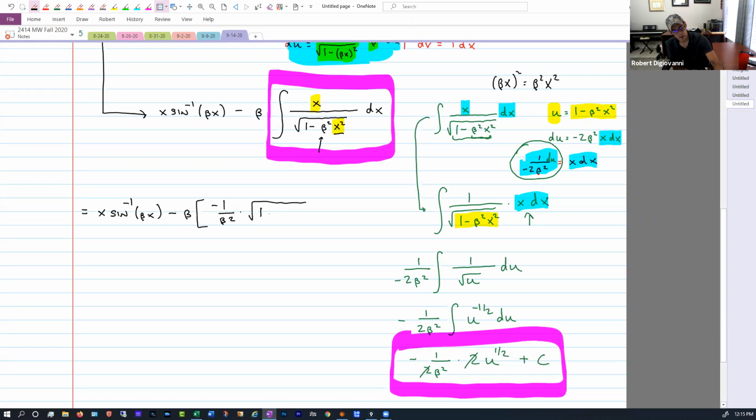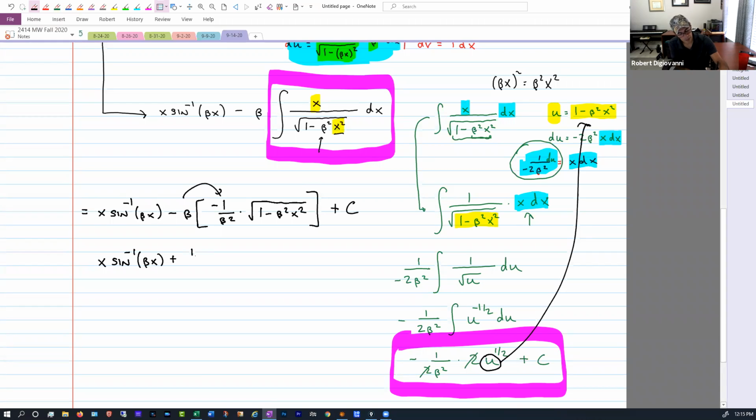It was 1 minus beta squared x squared, plus c. So everyone see that? I just replaced that u with what it was up there. I'm ready for a final answer. x arc sine of beta x plus, I'm just going to multiply that through. Two negatives become a plus. One of those betas cancels. Square root of 1 minus beta squared x squared plus c.